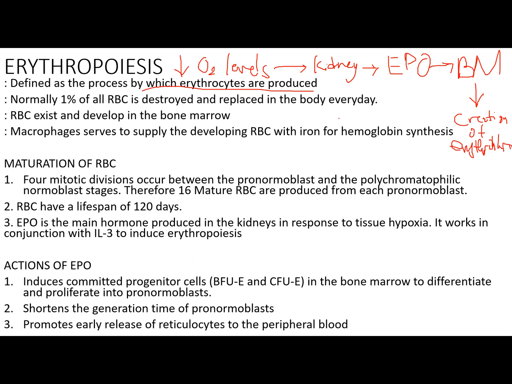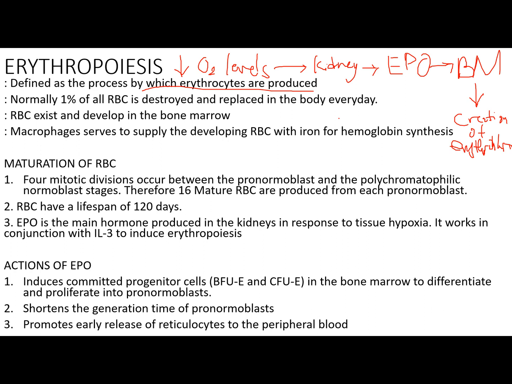So again, erythropoiesis is the process by which erythrocytes are produced. This would occur, class, when a low oxygen level is detected by the body. It would send a signal to the kidney. The kidney would secrete your erythropoietin, which would go to the bone marrow and would start the creation of your erythroblasts.